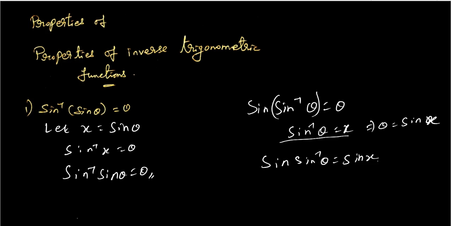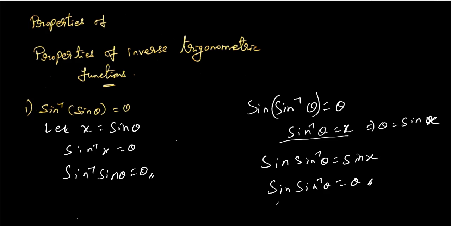The x becomes sin x. We are taking sin on both sides. So from this we arrived at sin x equal to theta. So if we substitute here, sin of sin inverse of theta equal to theta.